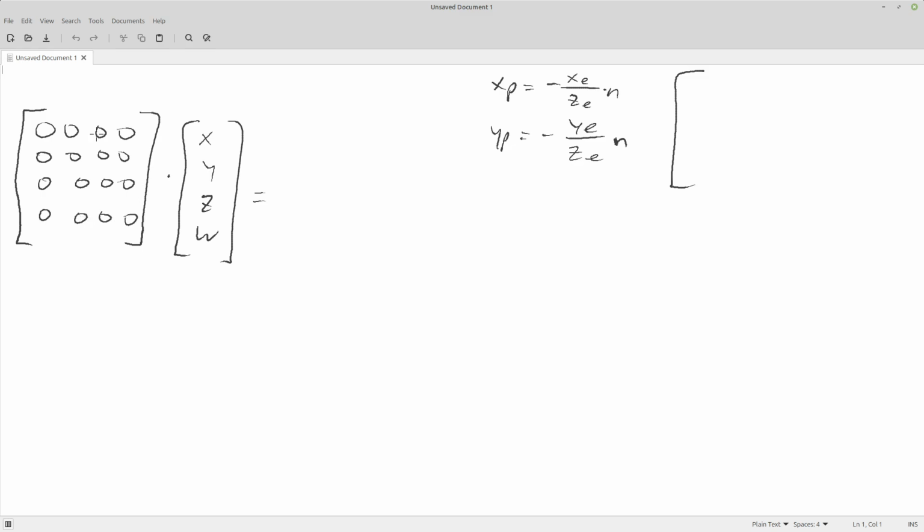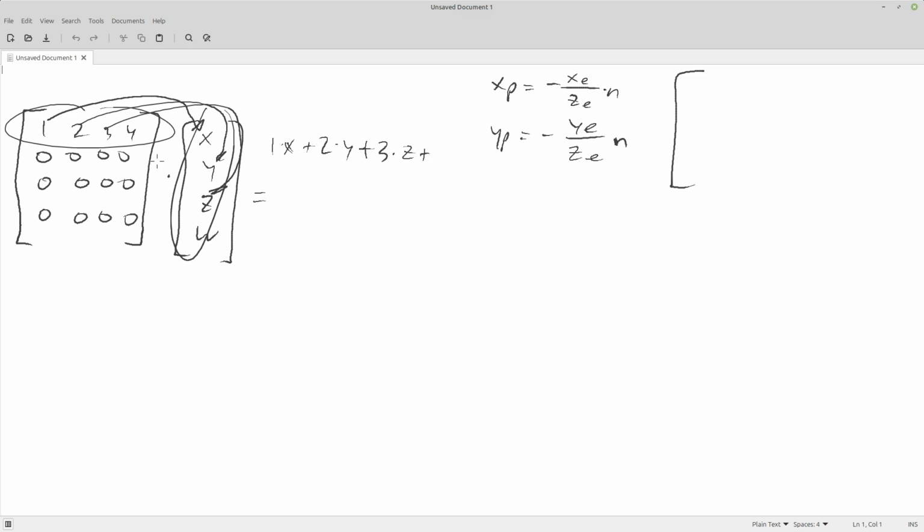Well, remember, let's say we're doing this first row. We'd take this row times this column, which of course is the whole thing. Let's rewrite that to make it a little more clear, and just do 1, 2, 3, 4. So this times this would be 1 times x, so 1x plus 2 times y, 3 times z, 4 times w.